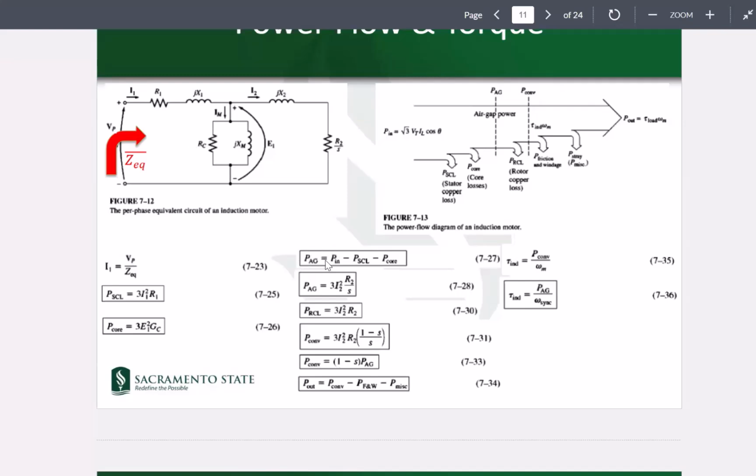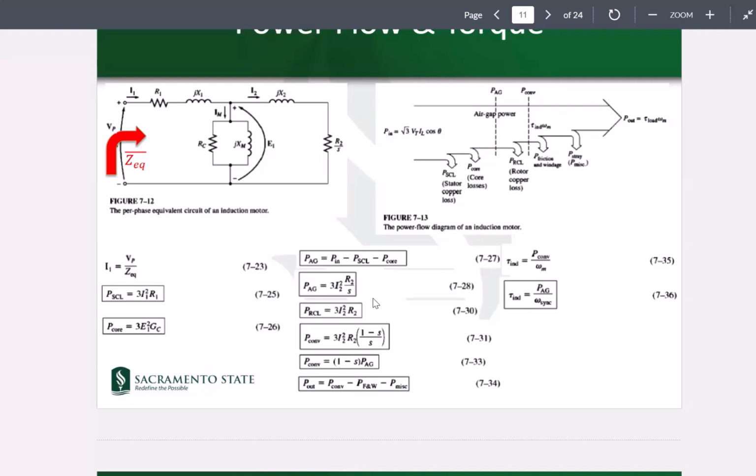That becomes the P air gap. This P air gap is also equal to 3 times I2 squared times R2 over S, because there is no loss of power in X2, right? Therefore, air gap power can be also represented as this equation 728.